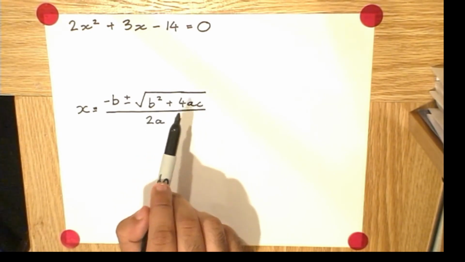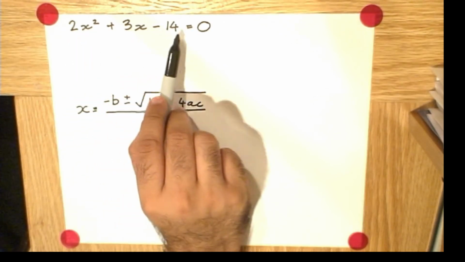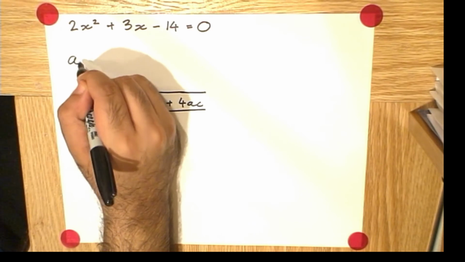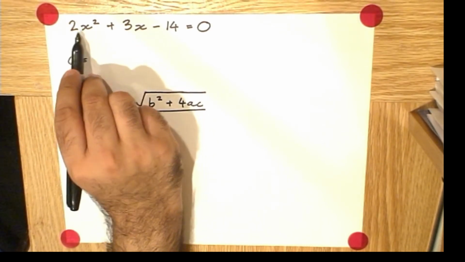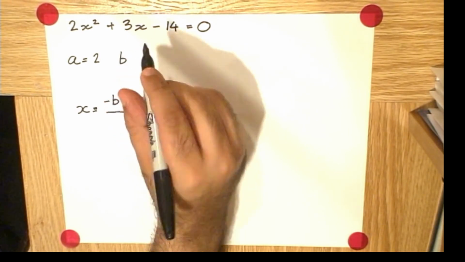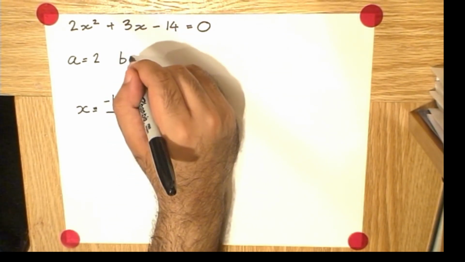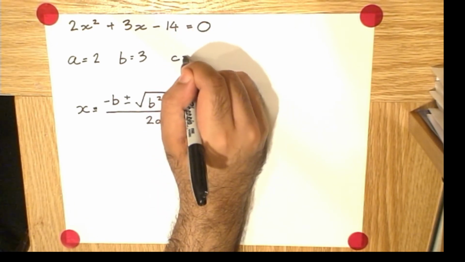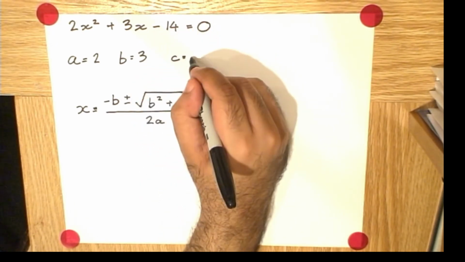That's easy enough. We use the coefficients in the quadratic equation. A is always the coefficient of the x squared term. That's 2. B is the coefficient of the x term. That's 3. And c is the constant term. That's negative 14.